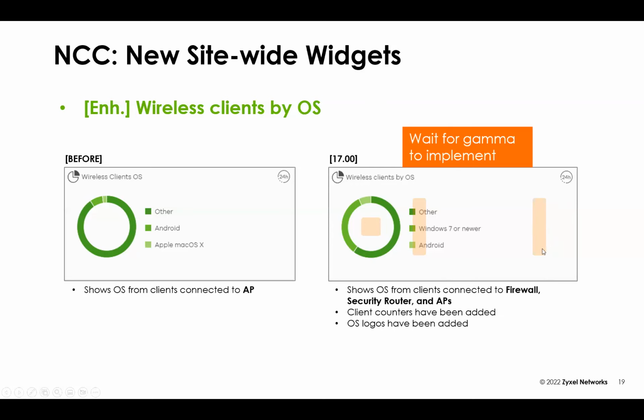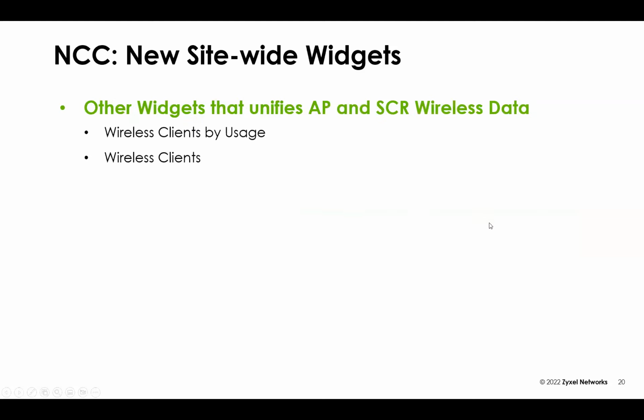So for some reason, the slide didn't show this on here, but it will show up. Now, other widgets that we have is we have wireless clients by usage, and then we also have wireless clients. So now we have all of this that's been unified. No matter if you're using an access point or our SDR router, everything has been unified together to show this information in its widgets.